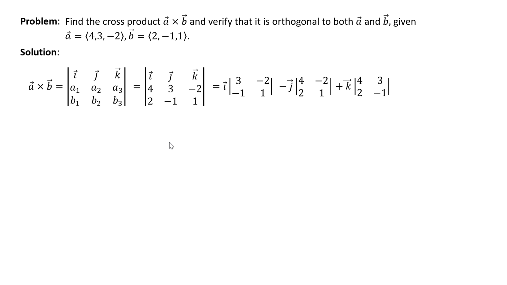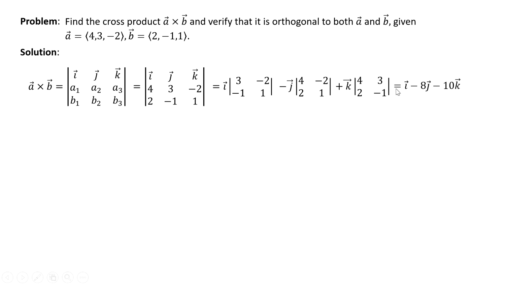Excuse me, sorry about that. How do we figure out the determinant of a 2 by 2 matrix? Multiply these two: 3 times 1 minus -1 times -2. So 3 times 1 is 3, minus -1 times -2 becomes just 2. 3 minus 2 is 1.